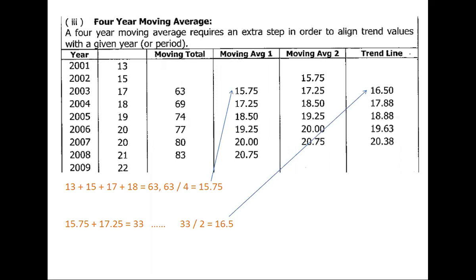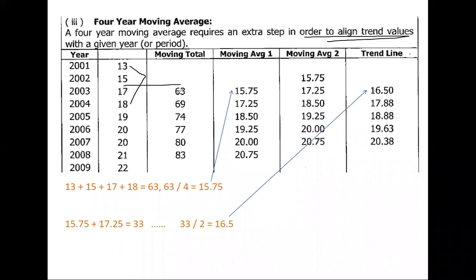Now, this is for a 4-year moving average. Okay, 4-year moving average, because it is even, unlike the odd ones, we will need an extra step to align the trend values, or the averages you have computed. What you do is you compute a 4-year total, right? So it's 4 years. The total, like I said, should be placed in the middle.